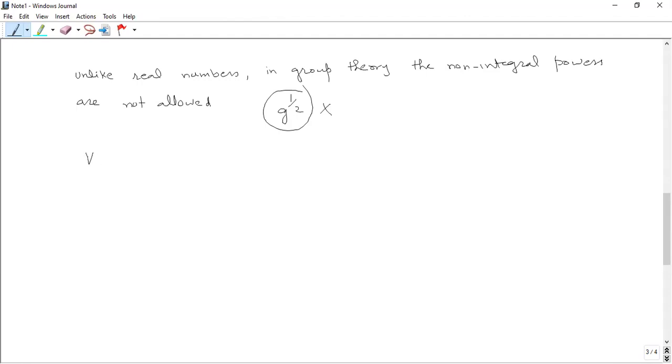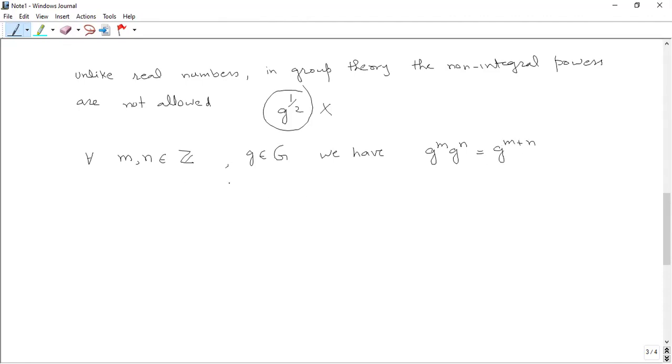And for all m and n, where m and n both are integers, and g is any element in G, we have g^m into g^n is equal to g^(m+n).